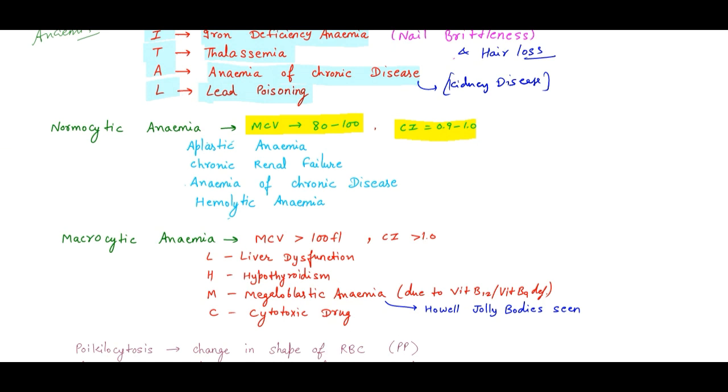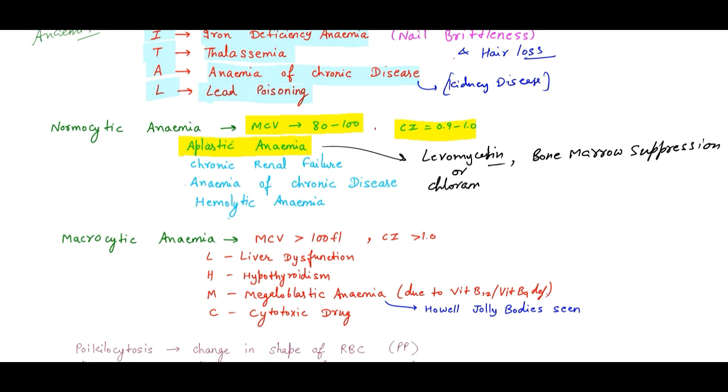Aplastic or hypoplastic anemia is caused by levomycin, and in this anemia bone marrow suppression is seen. The other name for levomycin is chloramphenicol. Another is chronic renal failure, anemia of chronic disease, and hemolytic anemia. They all come under normocytic anemia.